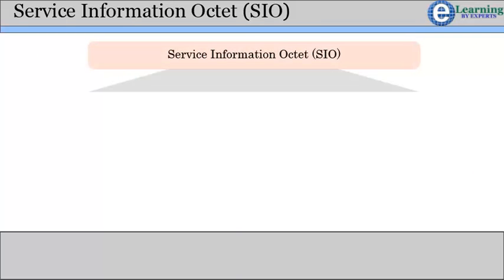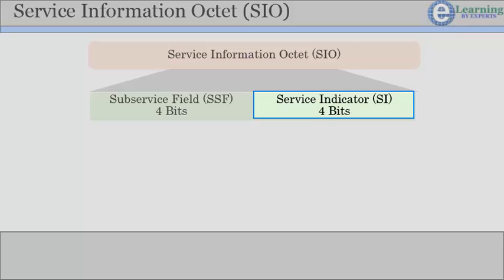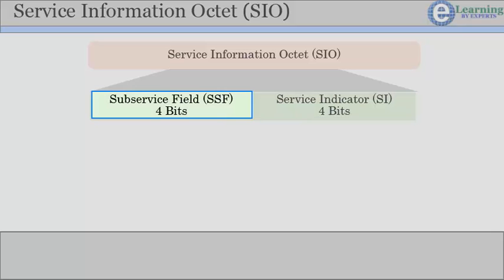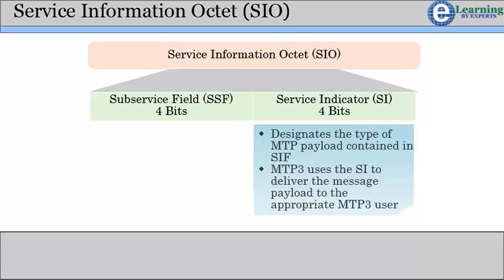The SIO is a 1-octet field composed of the service indicator, SI, and the subservice field, SSF. While the SI occupies the 4 least significant bits of the SIO, the SSF occupies the 4 most significant bits. The service indicator designates the type of MTP payload contained in the signaling information field.